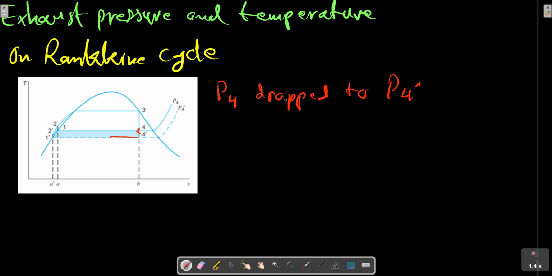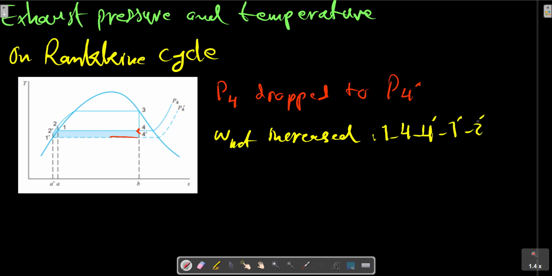The net work is increased. This effect is shown on the T-S diagram in this picture: 1, 4, 4 prime. Exhaust pressure, for example P4, drops to 1 prime, 2 prime, P4 prime, with the corresponding decrease in temperature at which heat is rejected.